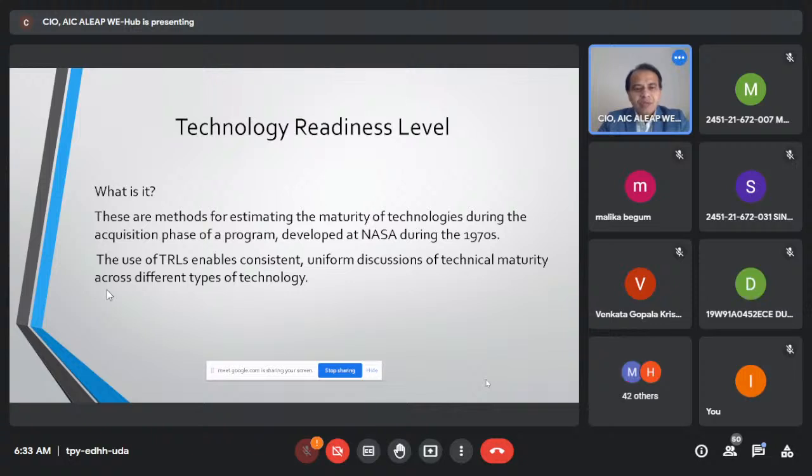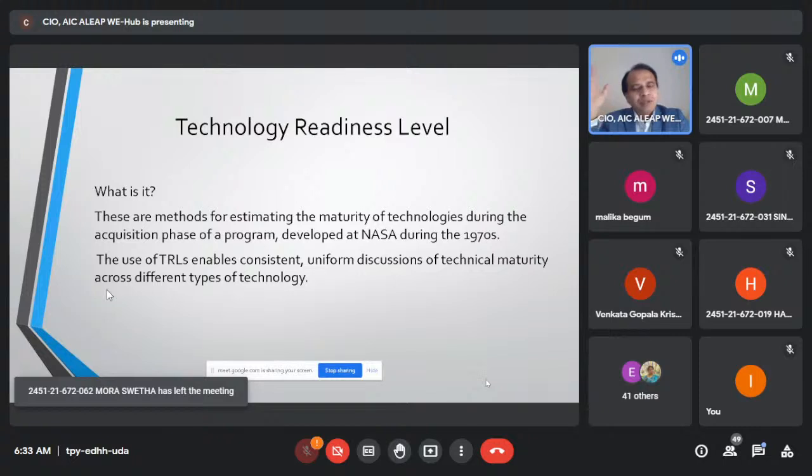Similar to TRL, we also have business readiness level and market readiness level. Those are done particularly for the business and the market, whereas this is referred to as technology readiness level. The technology readiness level was first implemented by NASA, the National Aeronautics and Space Administration, USA, and they have defined it with 9 stages, total 9 stages.